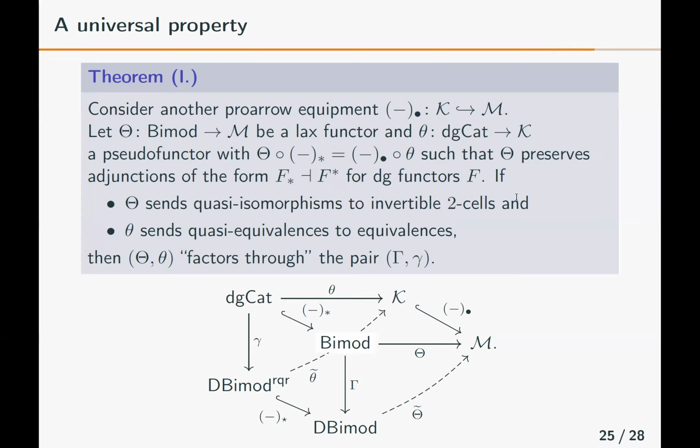Moreover, assume that capital theta sends Quasi isomorphisms to invertible 2-cells, and small theta sends Quasi equivalences to equivalences. Then the pair theta factors through the pair gamma like this.